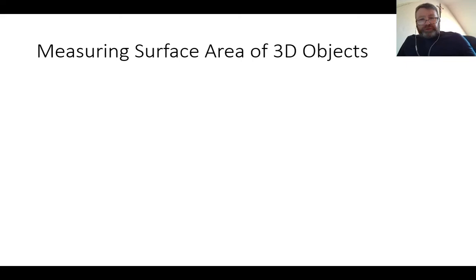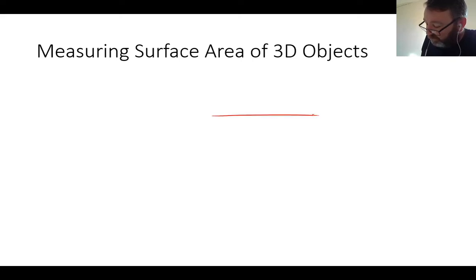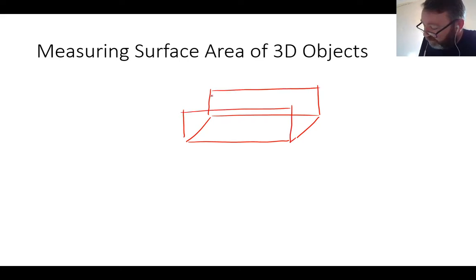So what I want to try and do now is measure the surface area of the 3D object. Now, I want you to think for a moment of a rectangular box, okay? So if we think of a rectangular box like this, let's just put down a rectangular box on the bottom here like that. Give it a bit of height, 1, 2, 3, and 4, and finish these off. Okay, what do I notice about this 3D object?